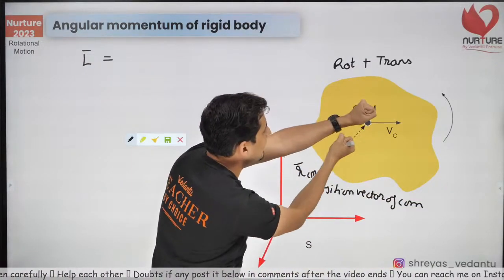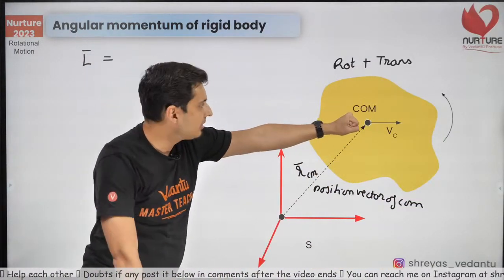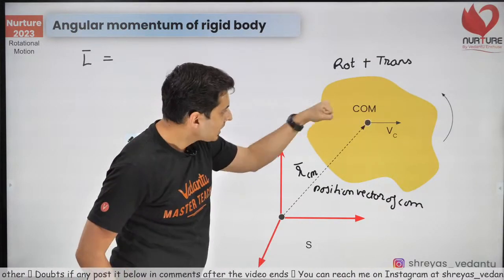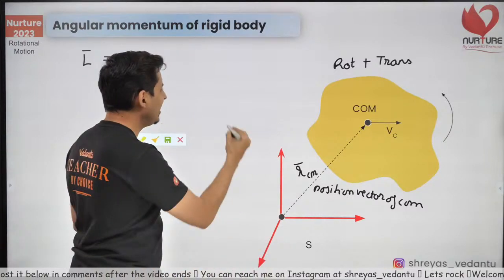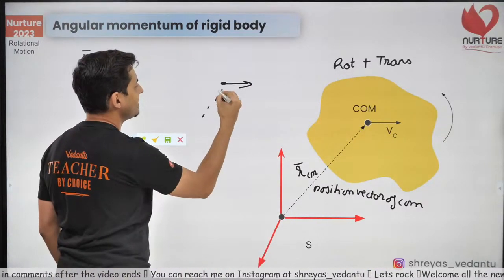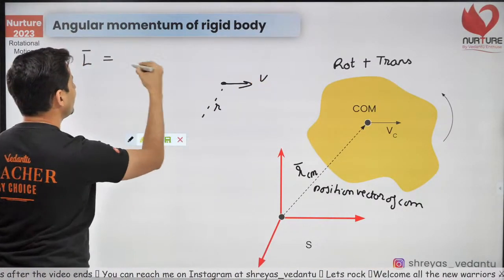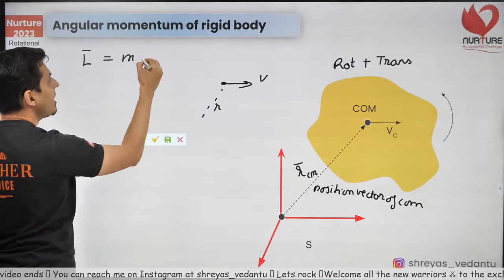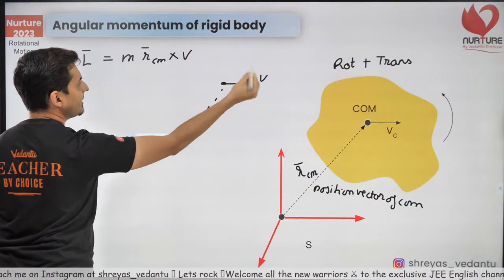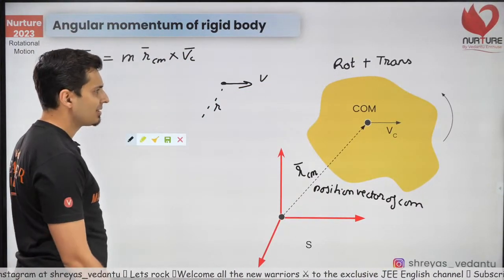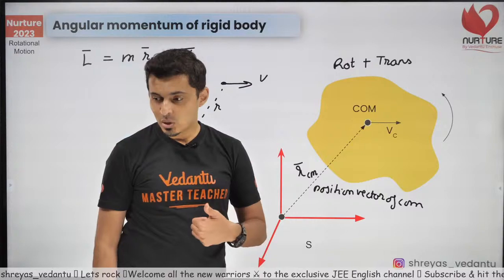Assume that this is a condensed particle, just one particle. What is the mass? M. One particle going with this velocity. What is the angular momentum? We all know if there is a mass moving with certain velocity, this is the distance. What's the angular momentum? M, which is the mass of the body, R, which is R_CM cross velocity. In this case, it's velocity of the center of mass. That's the first term. Cool?